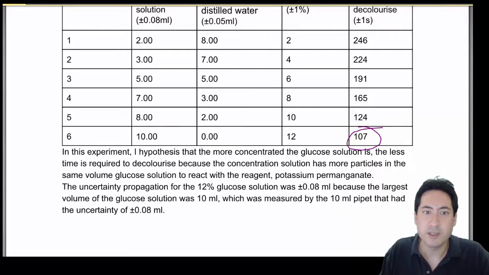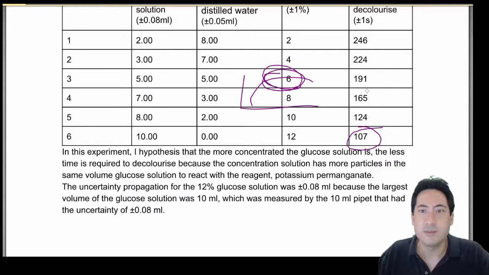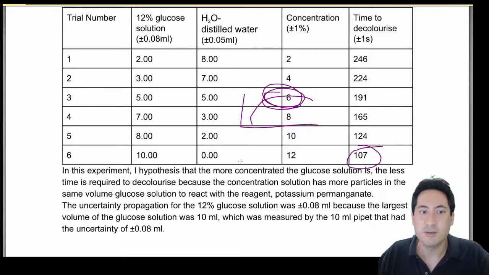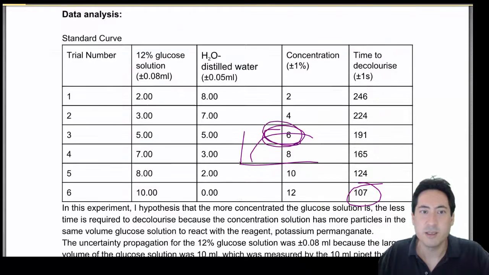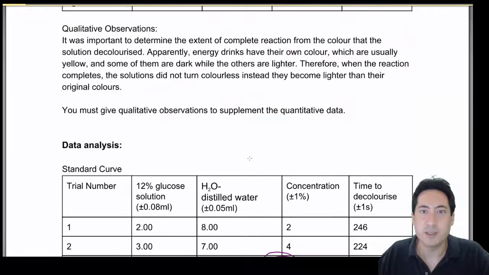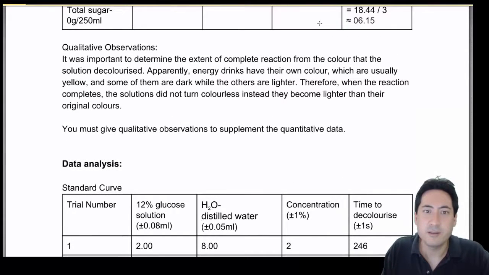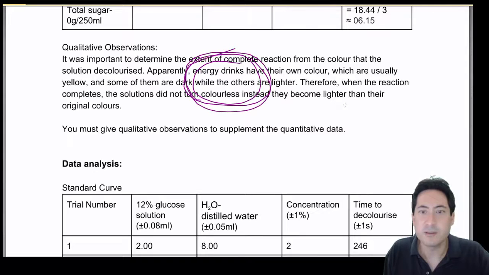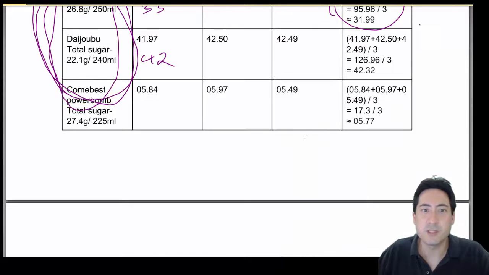You would expect reactions to be like this, and so as the concentration gets really weak, it slows down and takes ages to decolorize. So that needs a little bit of interpretation and explanation. Alright, that there is brilliant for your error analysis, but that's not a qualitative. So you need to talk on that, expand on that. But that's not your qualitative observations.